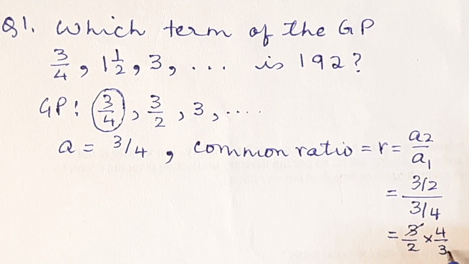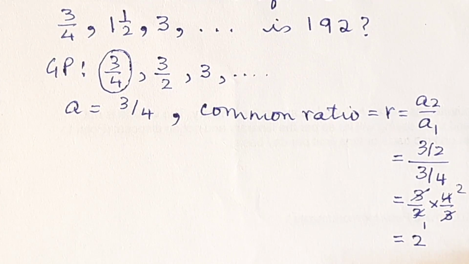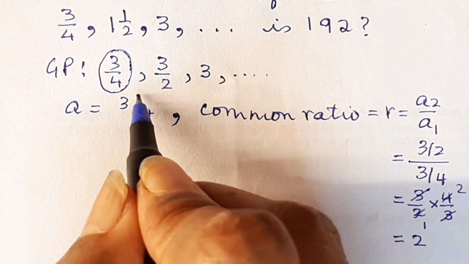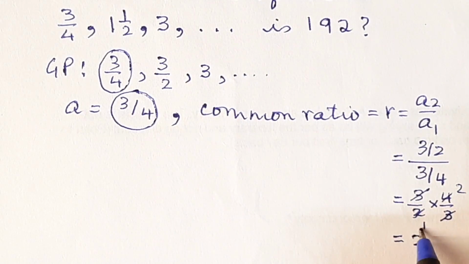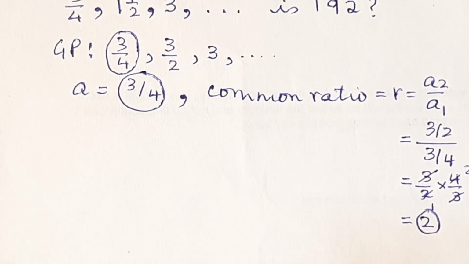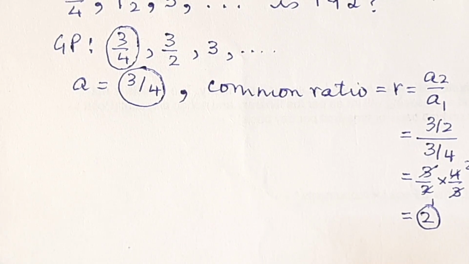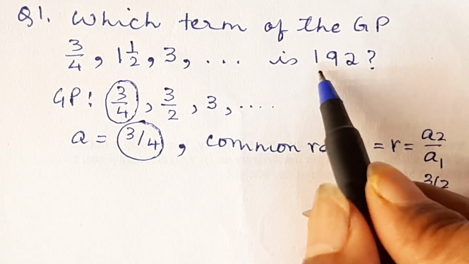And you will see 3 is getting cancelled, 2 ones and 2 twos, and so we have common ratio equal to 2. So we have the value of A, we have the value of R, and so we move on to finding which term is going to be 192.